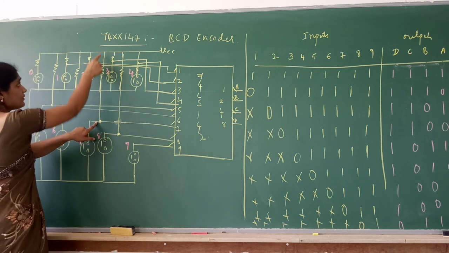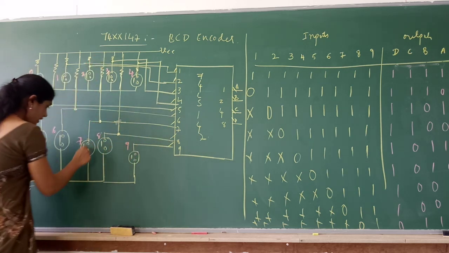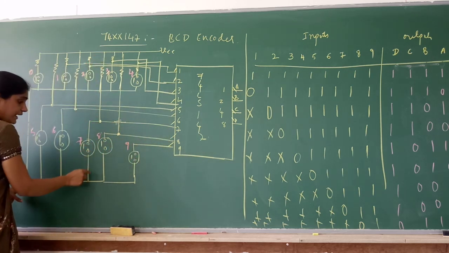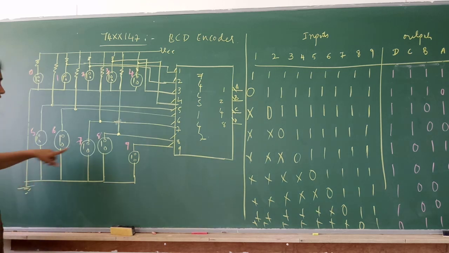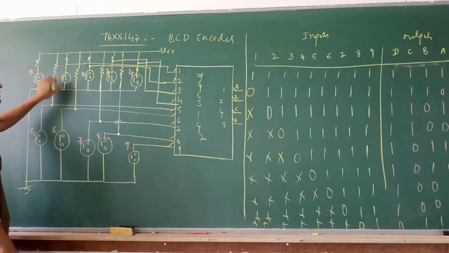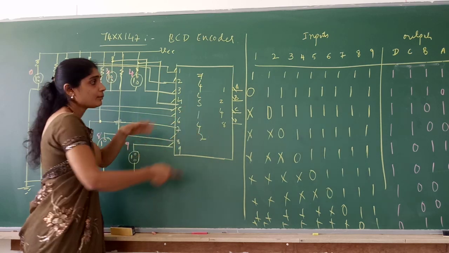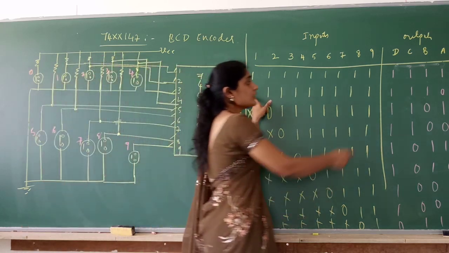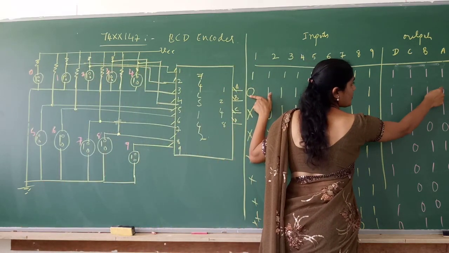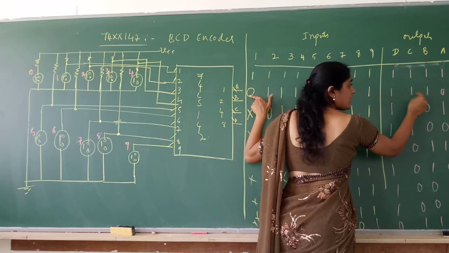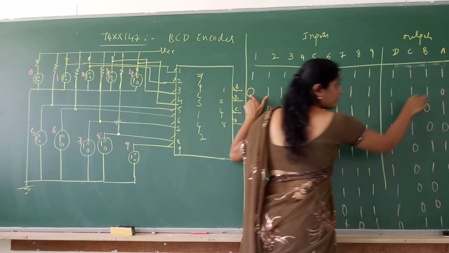Assume you have pressed switch 1. You want that 1 to be encoded as 0001. But here, since the outputs are active low, you don't get 0001. Instead, you get it as 1110. Correct? You get it as 1110.